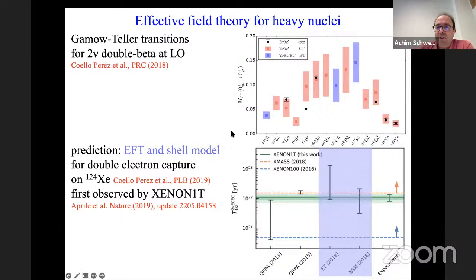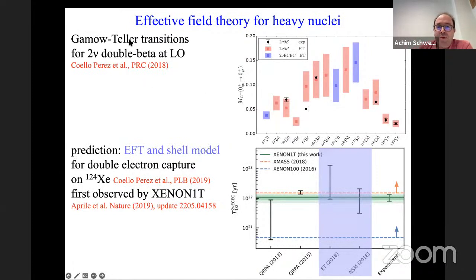We predicted lots of cases, with EFT uncertainties. These are leading order uncertainties, so they're pretty large. But what is nice is that in the cases where they have been measured, they agree very well within uncertainties, and these are 68% uncertainties, so there should be some outliers.